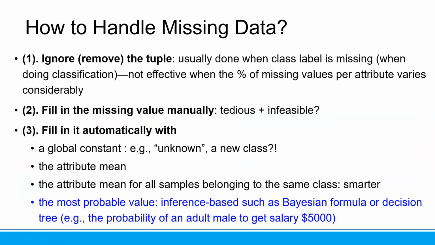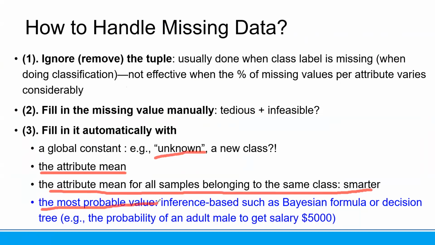We can put a global constant, for example, we call it unknown. We can use the attribute mean. We can use the attribute mean for all samples belonging to the same class. Or we can use the most probable values, maybe using the probability or the mode.